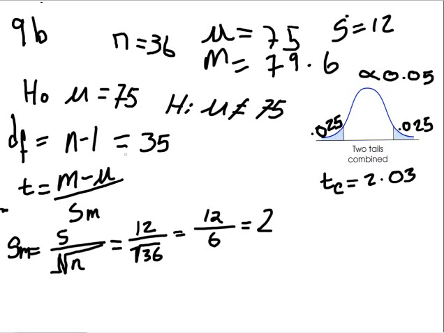We come back over here. And we take a look at this. The mean is 79.6, and mu is 75. And that is over 2.